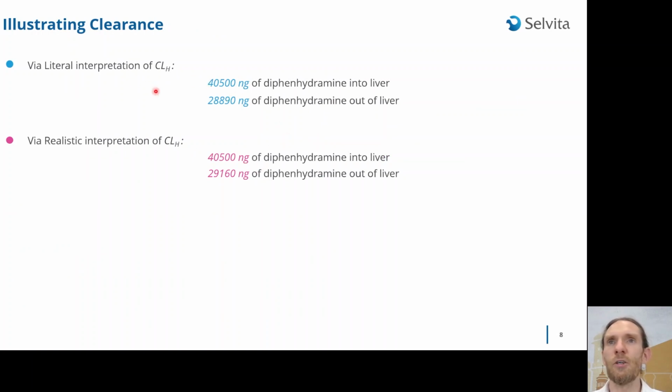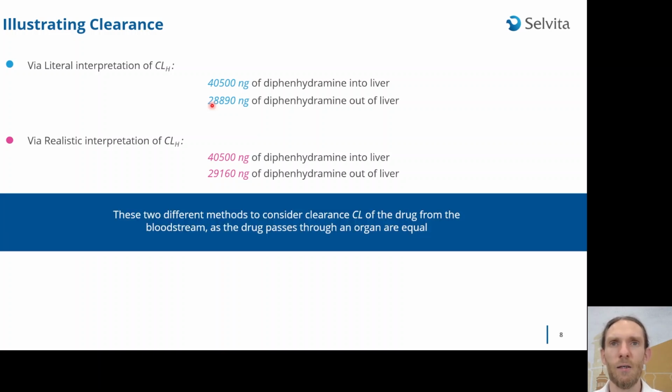So via both interpretations, we got the same mass of diphenhydramine entering the liver. However, the mass of diphenhydramine exiting the liver is slightly different, but approximates to more or less the same value. Through this, we exemplified two methods to consider clearance, one literal and the other realistic.